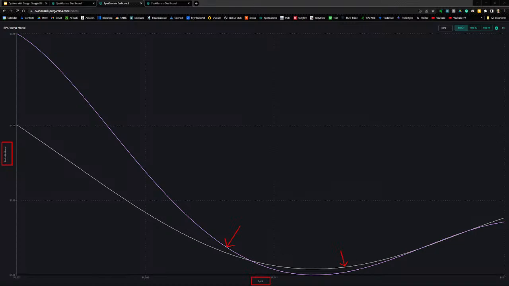So we want to look at the purple curve. This gives a sense of how market makers may react to changes in price and implied volatility.